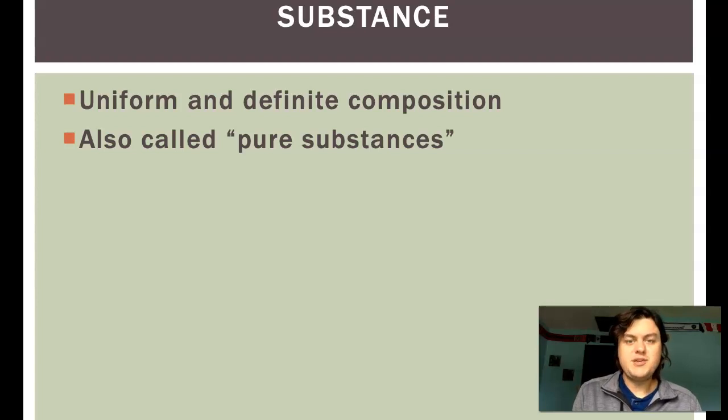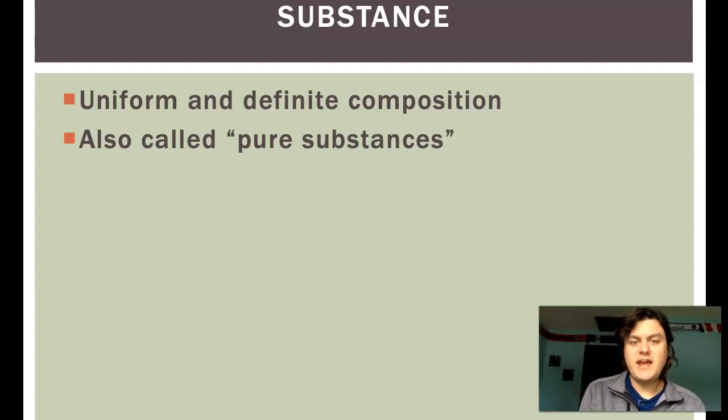For something to be uniform, it means it is the same throughout. So if you take any portion of a sample, it is going to be the same composition. Definite means it's defined. Table salt will be made of sodium and chlorine atoms.